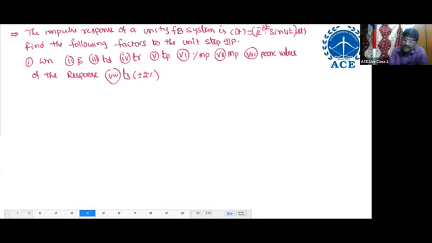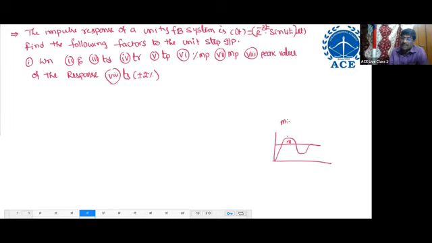How to find the minimum? What is minima? The time required to reach the first minima is 2 pi by omega d. Put the n value and then you will get the undershoot.